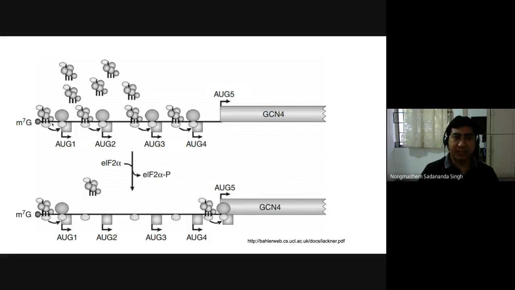The translation can be terminated at a certain point, and this changes the probability of the translating ribosome reaching the proper canonical ORF of GCN4. So genes can be regulated at different stages. For example, the phosphorylation of eIF2 alpha can change the number of ribosomes which can be loaded on this GCN4 mRNA. So it can be regulated at this level again.